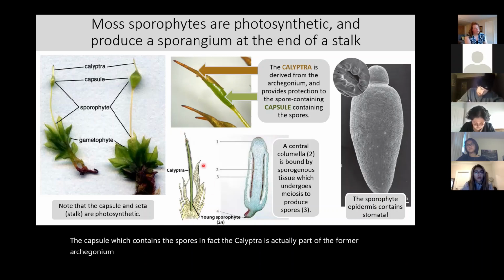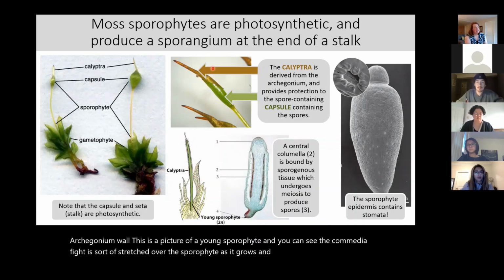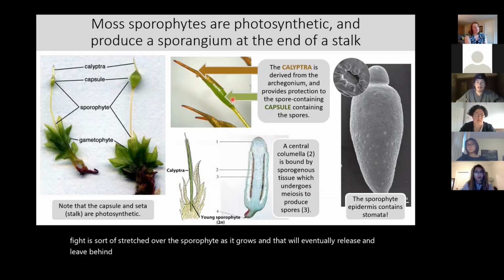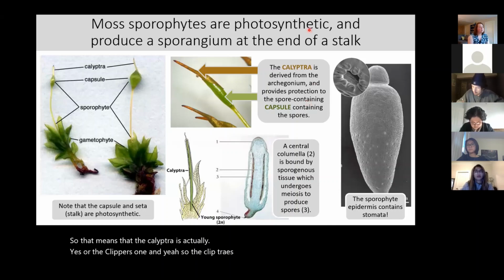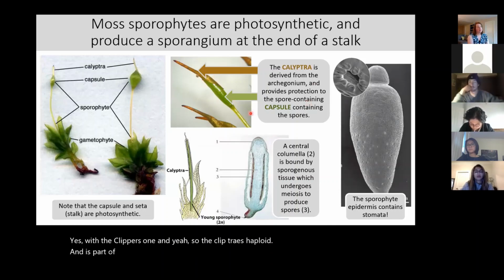This is a picture of a young sporophyte, and you can see the gametophyte is stretched over the sporophyte as it grows, and that will eventually release and leave behind the calyptra at the top. So the calyptra is haploid and is part of the gametophyte, and the capsule is a sporophyte.